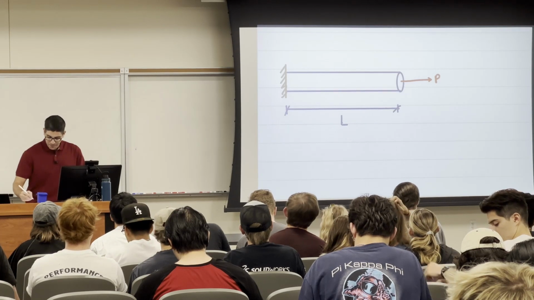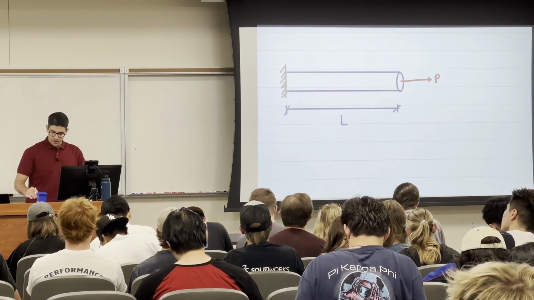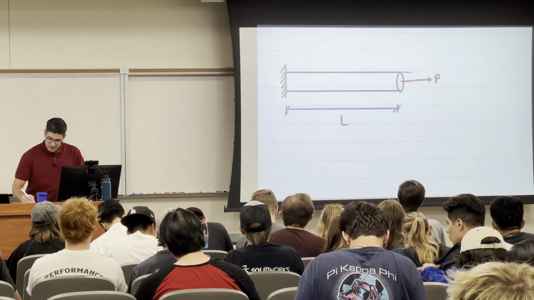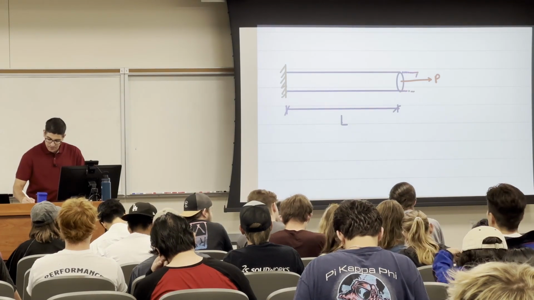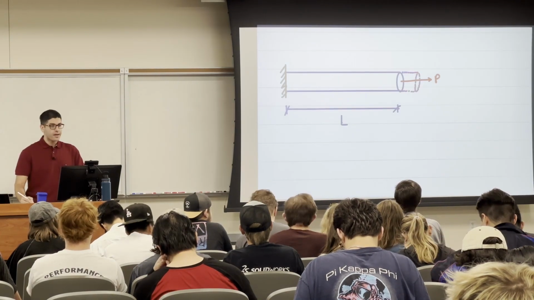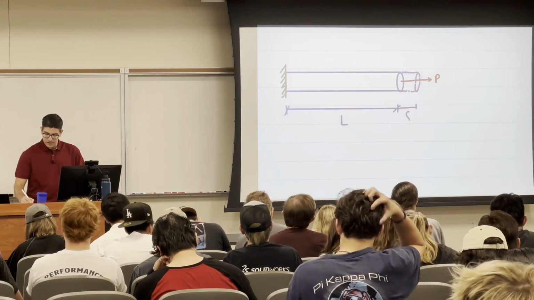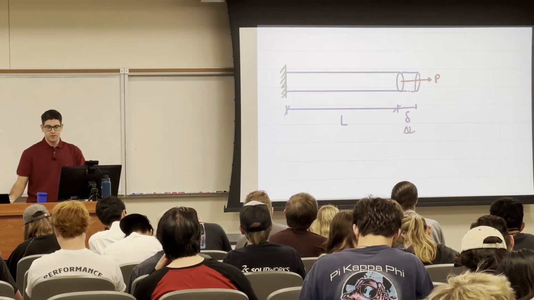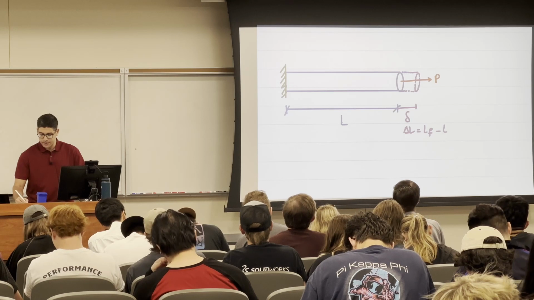So let's start with having a simple rod like that, and I apply the tension. So this rod is going to expand or elongate like this. And this elongation, we call it delta, or delta L. And delta L is simply L final minus L initial.